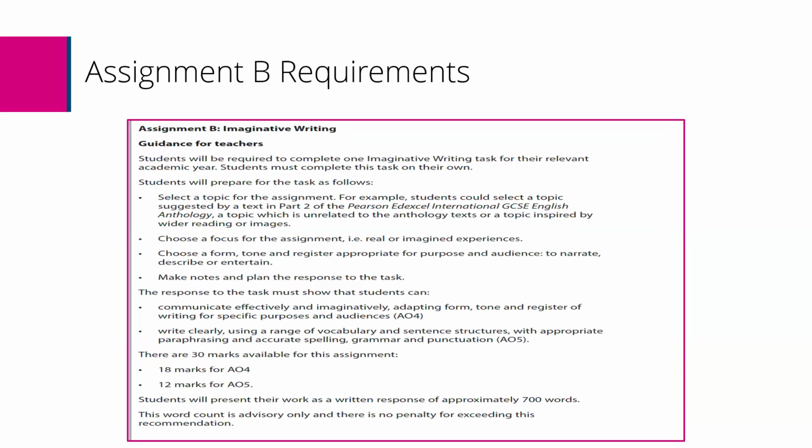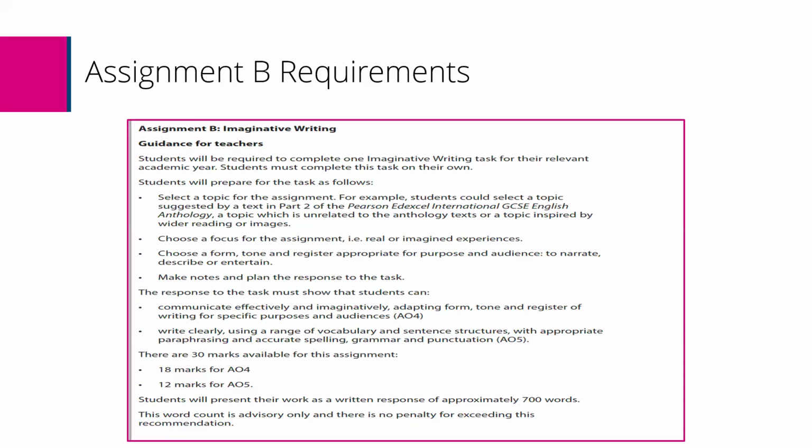And then we've got a similar slide here that's taken from the sample assessment materials again, about how to form, this is guidance for teachers, of course, but it can be shared with your students. One imaginative writing task, talking about how to look at that task.